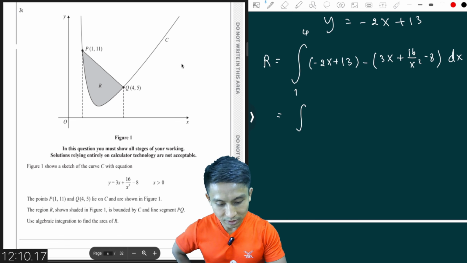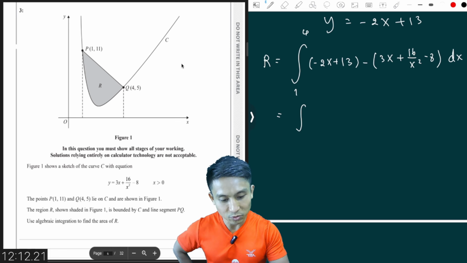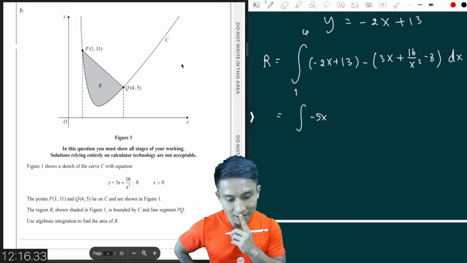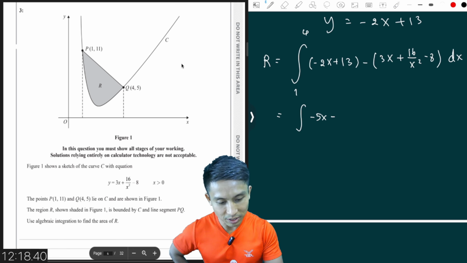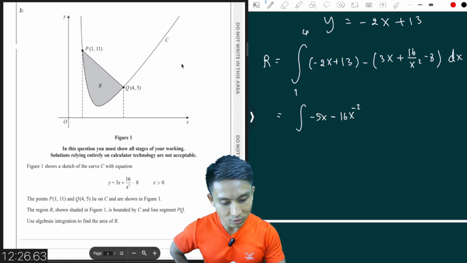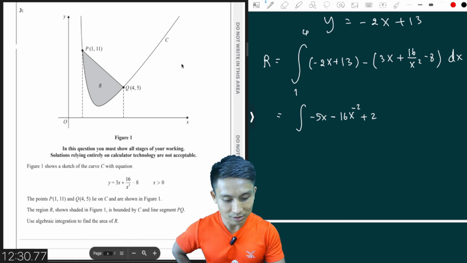We're going to be careful here integrating this, so let me simplify first. Minus 2x minus 3x is minus 5x. Then we have the rational term, minus 16 over x squared, which I'm going to write as minus 16x to the minus 2. Then 13 minus 8 is plus 5, sorry, plus 21.